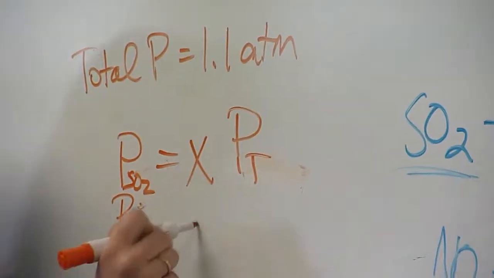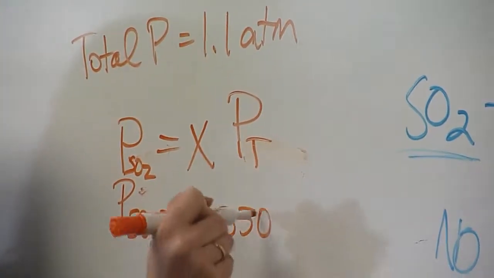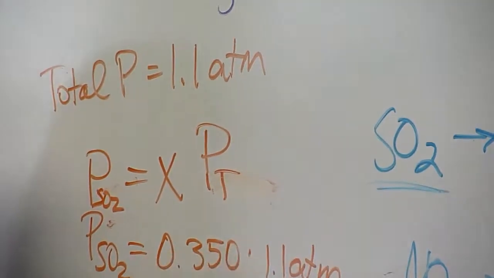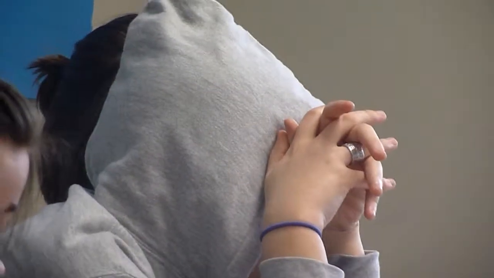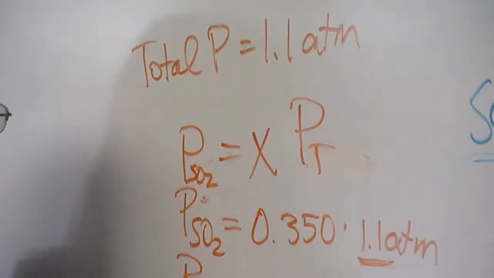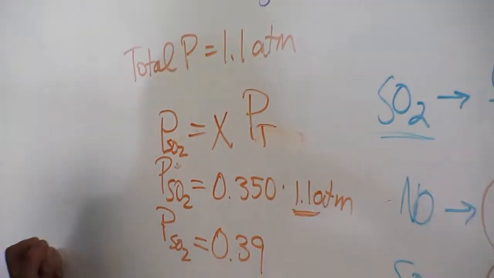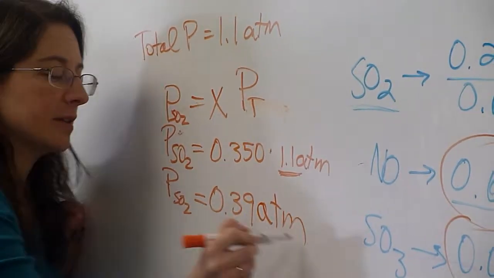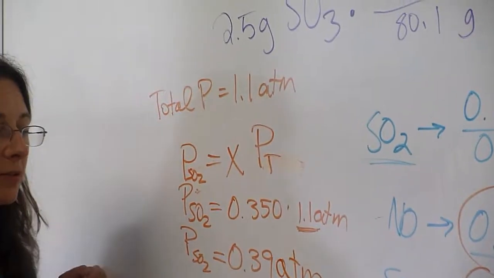So for SO2, that times pressure, and what would you find that to be? 0.39. And she kept 2 significant figures because this is 2, that's 3, so you have to keep 2. And what unit would you have? ATM, atmospheres. So for SO2, it would be 0.39 atmospheres.